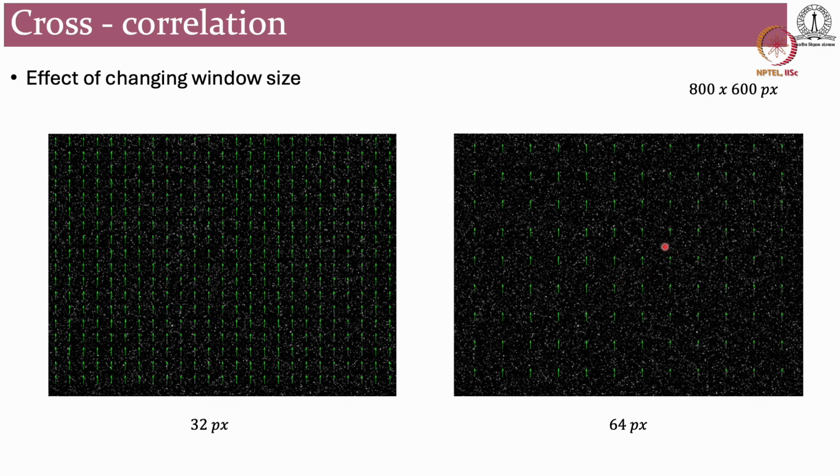It depends on your need as to how you want to present your data. Here I have generated a synthetic image, so you can play with the image and get very nice vectors like these. But in a real-life scenario, when you are doing experiments, it is very important to take into account the particle density and the lighting, because lighting plays a very important role in PIV.